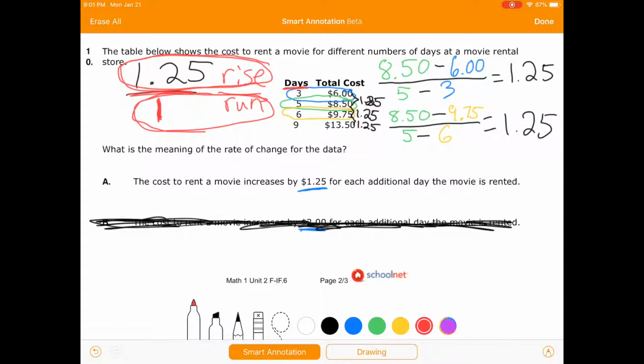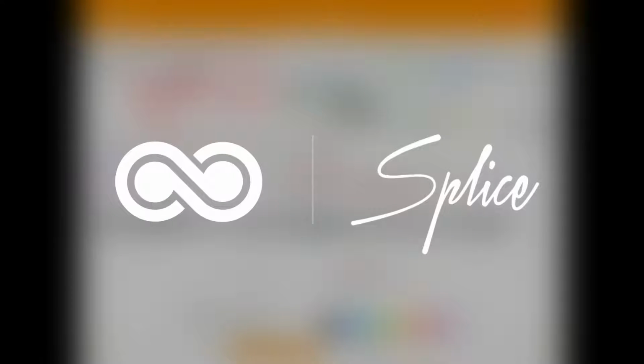Our days are going to be changing by 1, our total cost is going to be changing by $1.25. So for each additional day, the cost of the rental movie increases by $1.25. So A is our correct answer, and that is all for this one.